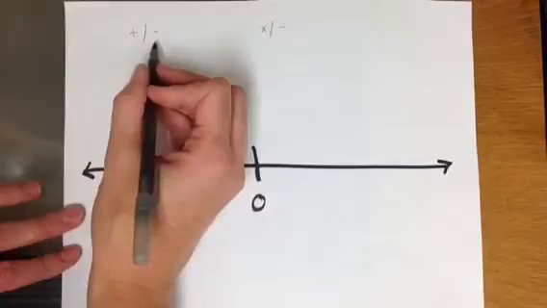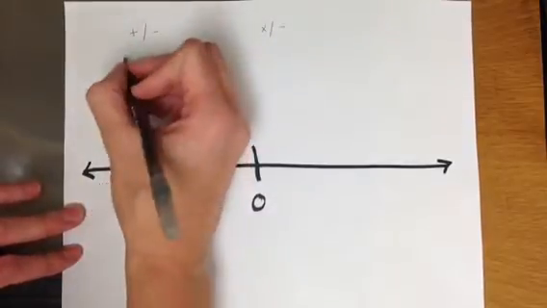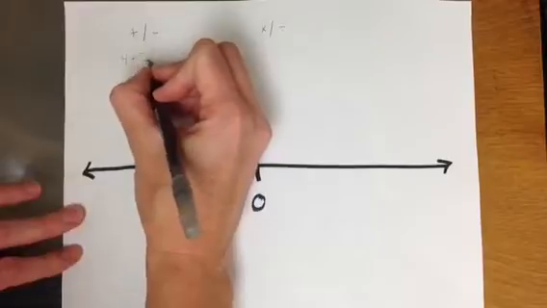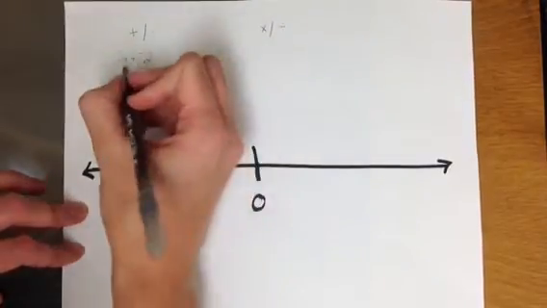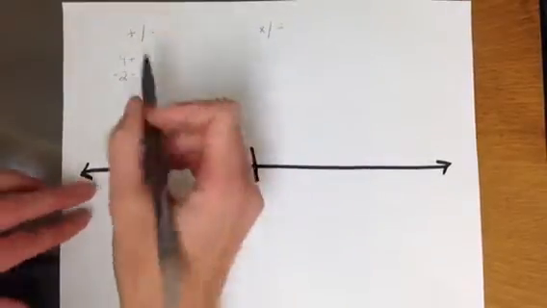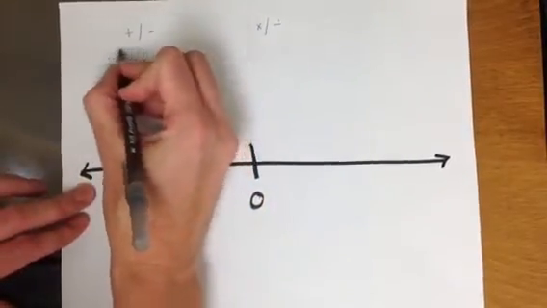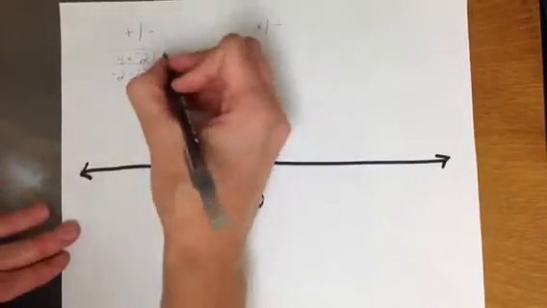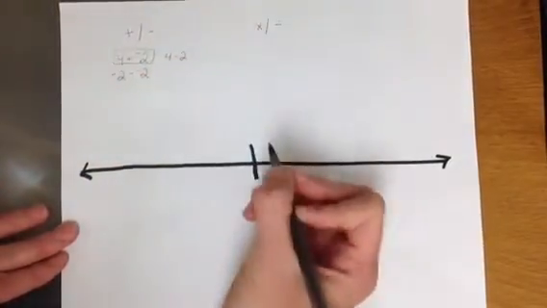For addition and subtraction, we add and subtract negative and positive numbers a few different ways. I'm going to give you a few examples. The first example, 4 plus negative 2, can be more easily written 4 minus 2.